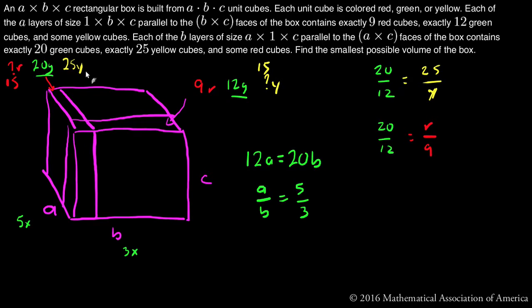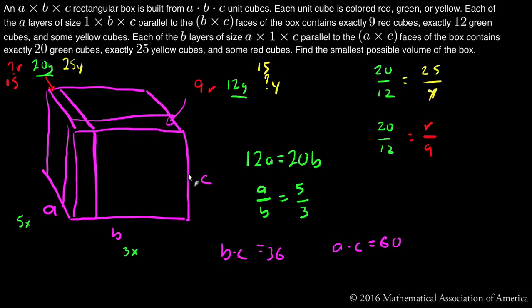And so now I see that based on this, the number of cubes in one of these faces, in this B times C face, has to equal 9 plus 12 plus 15, which is 36. And I see the number of cubes in one of these A by C faces. So A times C has to equal 15 plus 20 plus 25, which is 60.